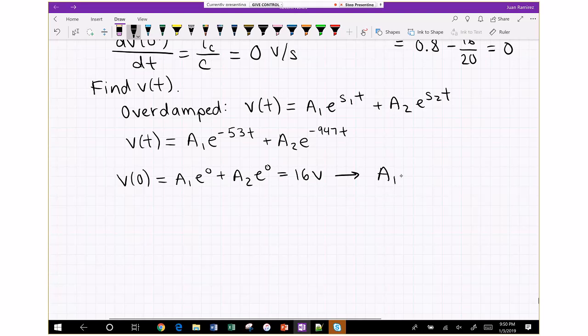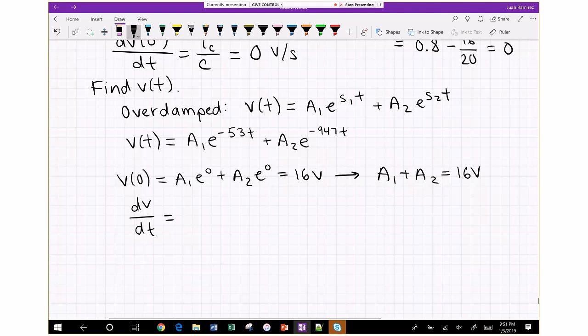Therefore, A1 plus A2 is equal to 16 volts. That didn't really tell us much, but we have one more initial condition, so let's check that out before we call it quits. So let's do the derivative of the voltage.